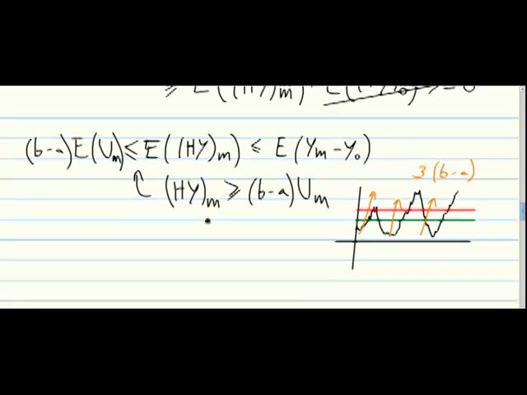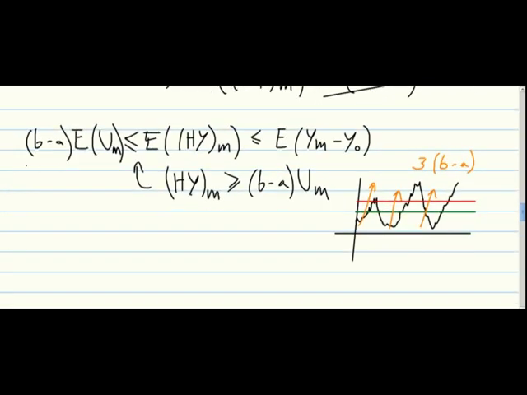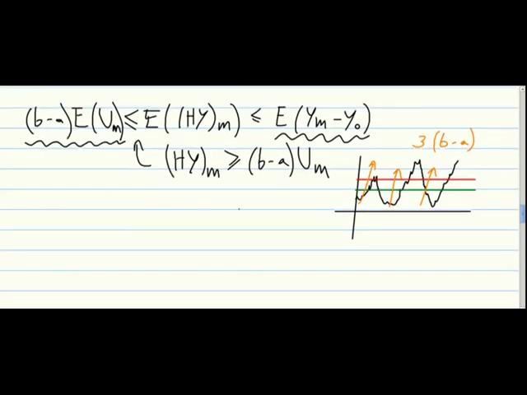Now we have a bound on the expected number of upcrossings in terms of the simple-minded strategy to not buy or not sell any time. In the end, we get the desired bound that (b minus a) times the expectation of U_m is bounded by the following.